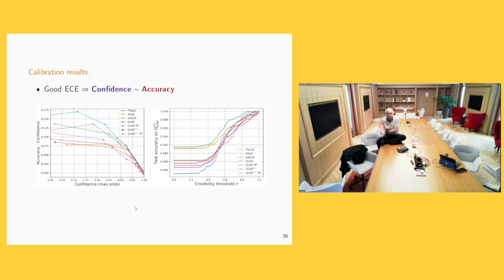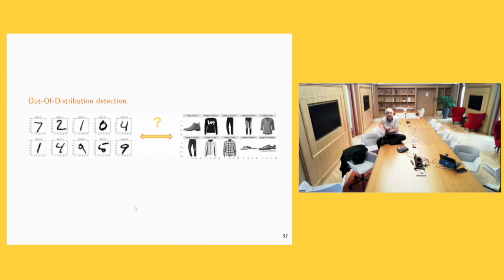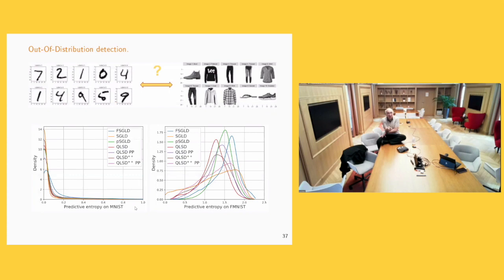It's also interesting to see what happens out of distribution. When you do out of distribution, you look at the predictive entropy that you obtain with the different methods, when the input is taken from FashionMNIST.